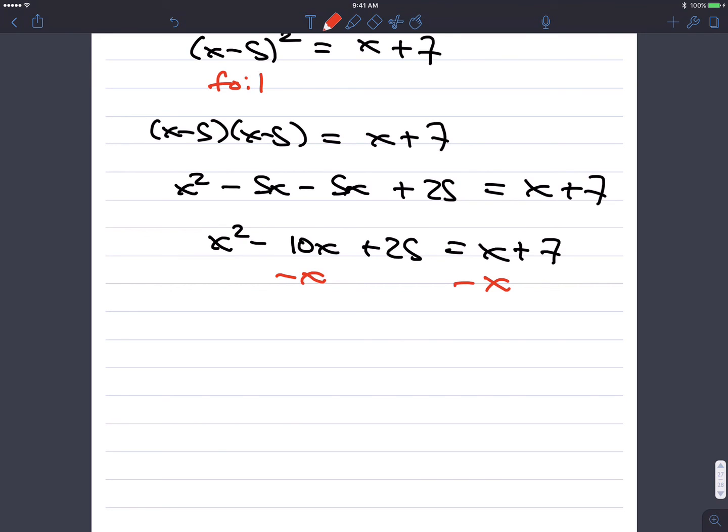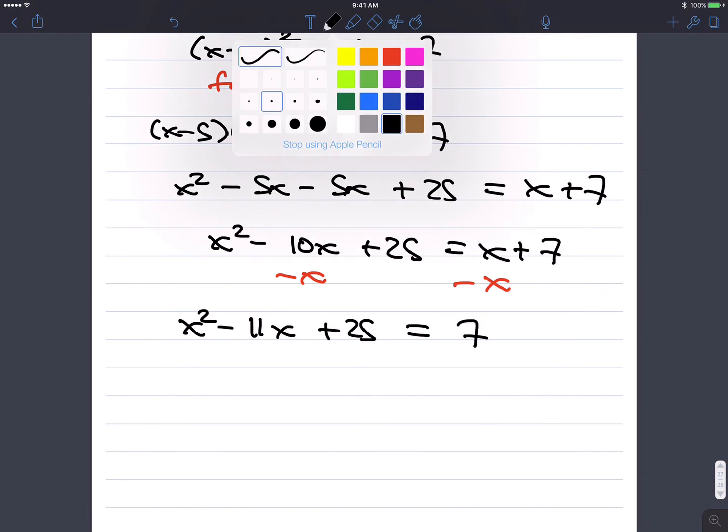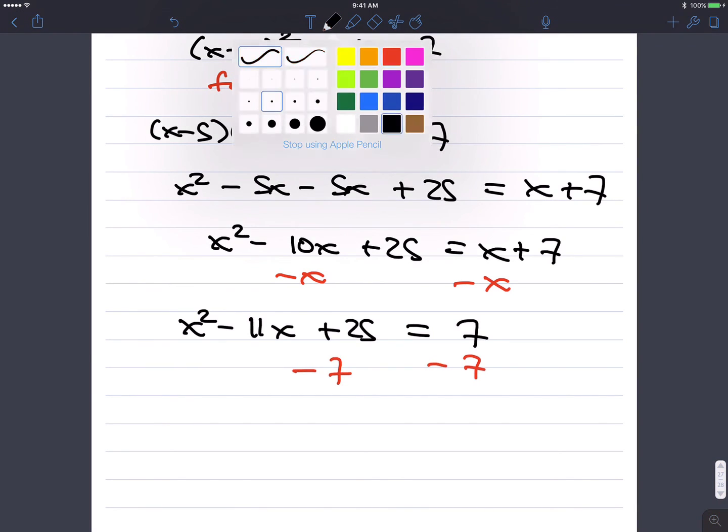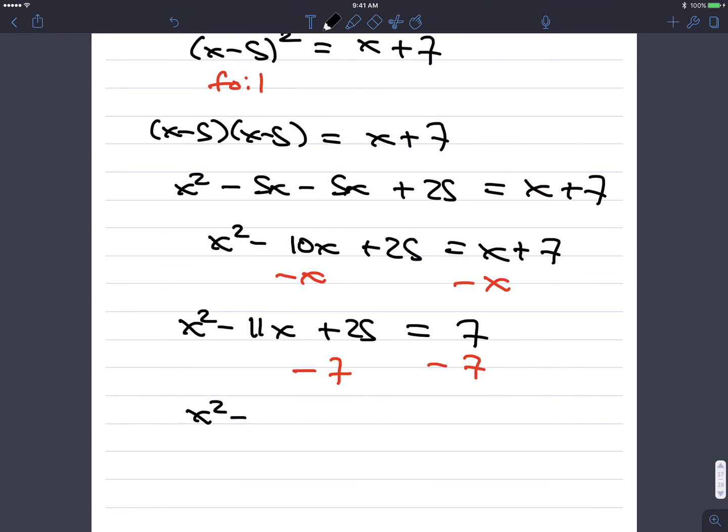Subtract x. X squared minus 11x plus 25 is 7. Subtract your 7. X squared minus 11x plus 18 is 0. X and x. 9 and 2.